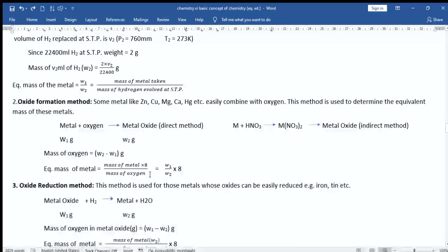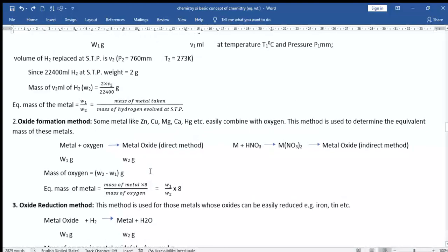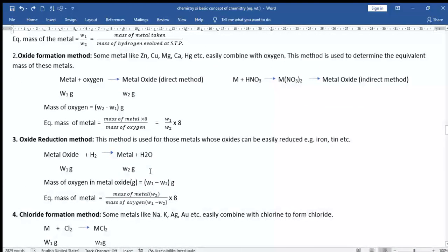So the next process to find out the equivalent mass is the oxide formation method. Some metals easily form their oxides either directly or indirectly. Means some metals directly react with oxygen to form the metallic oxide, and some metals first react with an oxidizing agent and then on heating they form the metallic oxide.